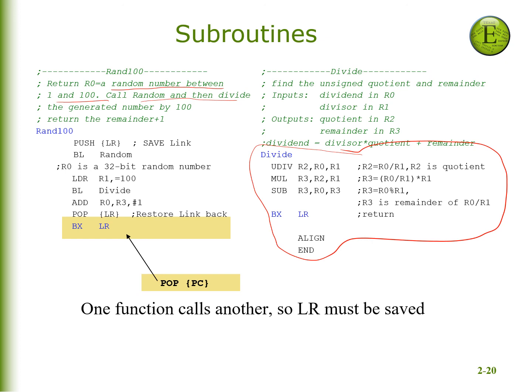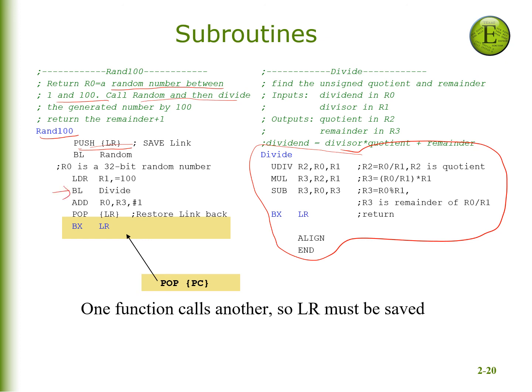So the first thing is that we want to store the return address. We're going to push the return address onto the stack, and that's because within this routine rand 100, we are going to call another routine, that is, branch and link divide.